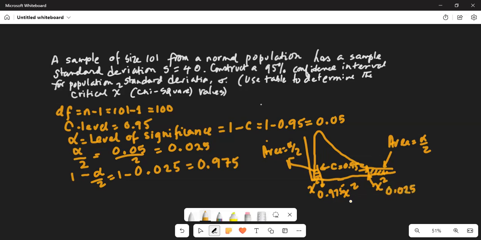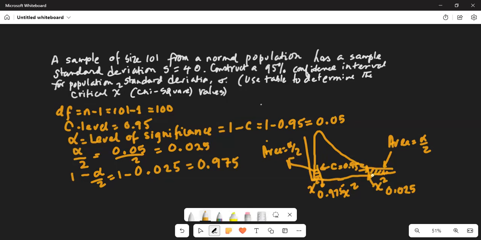So each chi-square is indicated by the area to the right of it under the curve. For this one, the area to the right is 0.975, because from the total area of 1 you subtract the area of the left tail, alpha by 2, which is 1 minus 0.025, which is 0.975.